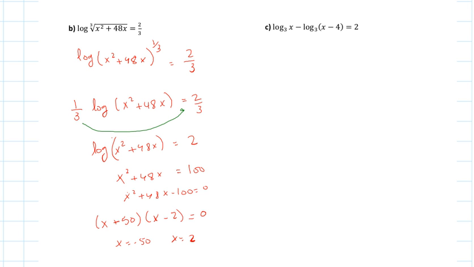That's not right. So if I plug in negative 50 into here, it's going to give me 100. So that's a positive. That works. And if I plug in a positive 2, that's going to give me a positive number. So both of them work. Both cases are acceptable, so I have to keep both answers.